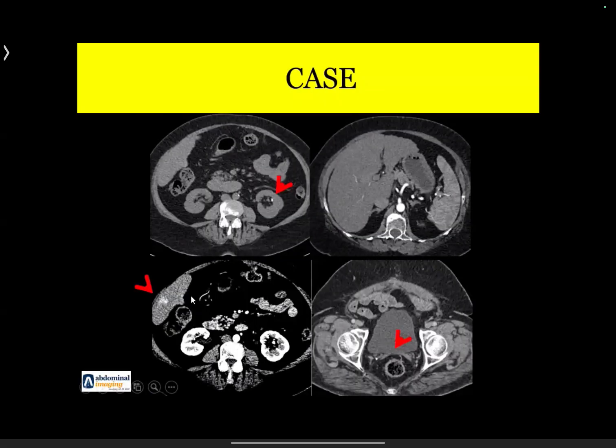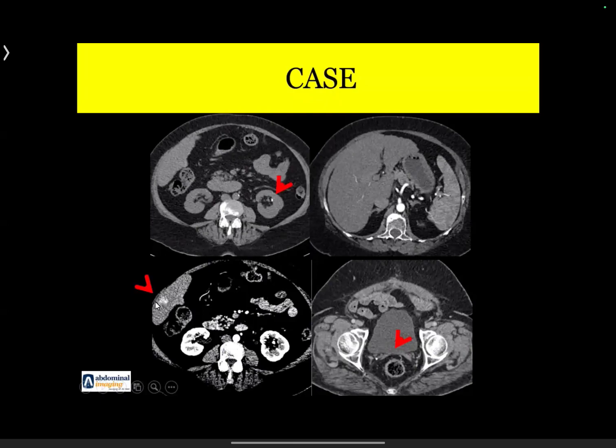This is the first time scanning of the patient. The patient did not have an ultrasound because of her body habitus. What we see here is that there is a renal stone. The liver is fatty, and you can evidently see the nodular margins in the liver.